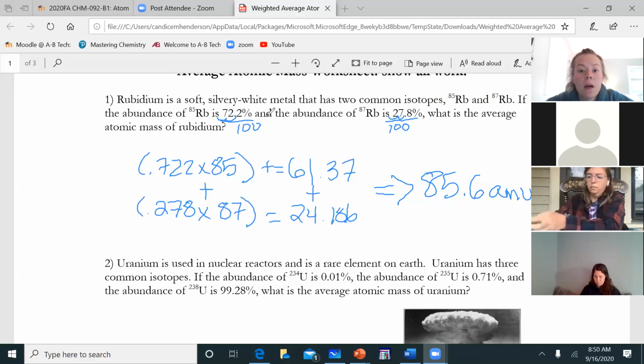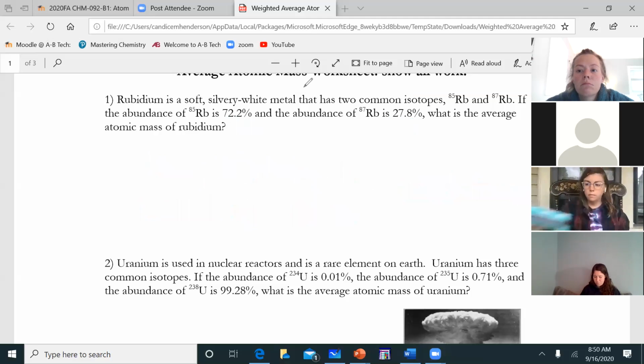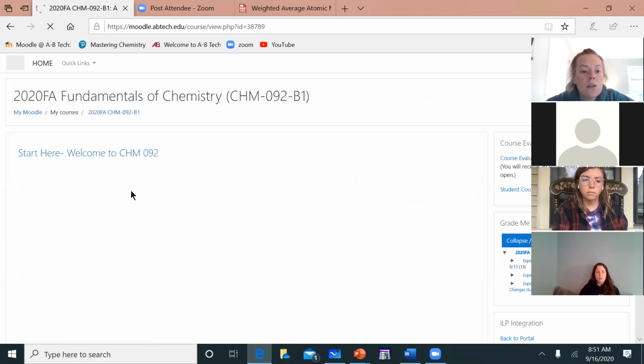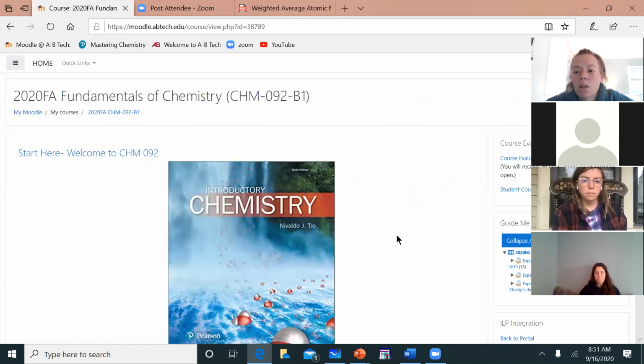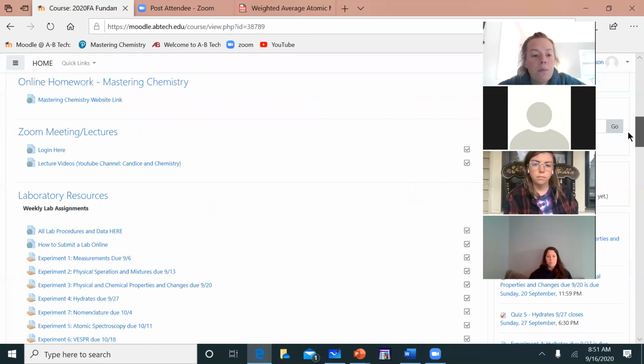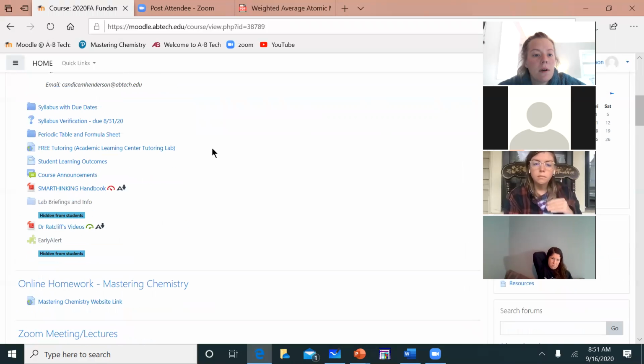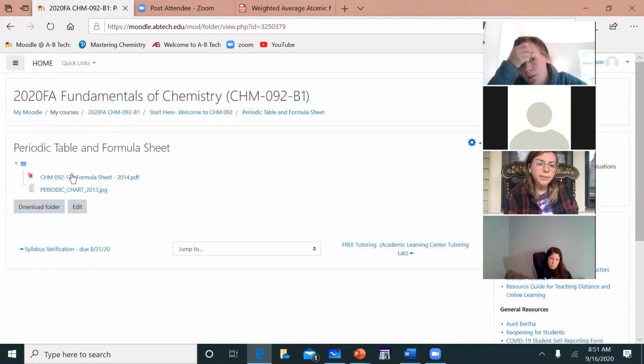And then I will show you in here in Moodle, there is a handy formula sheet. It's also in your, I believe it's in your lab manual as well. Where is it? Oh, here. So this may be something that you want to have handy or printed off.